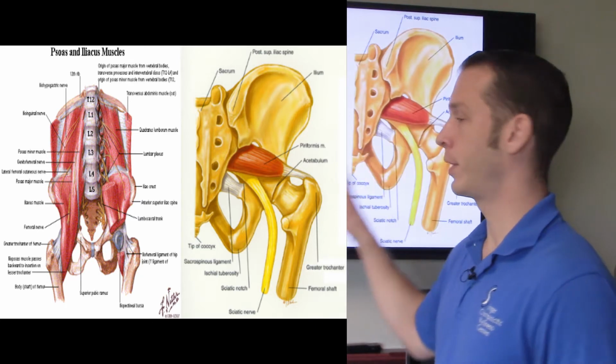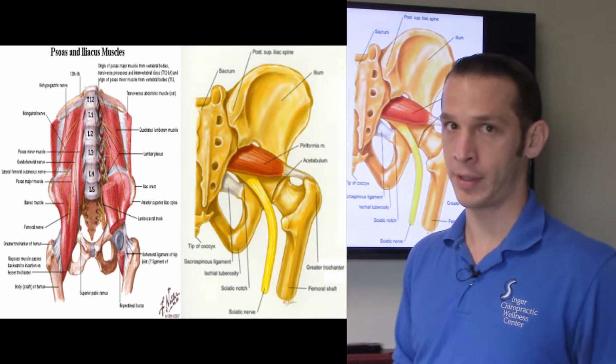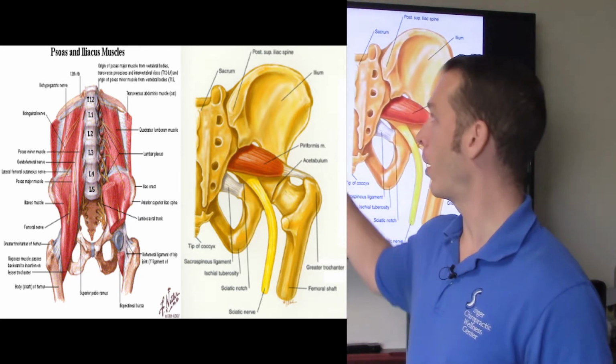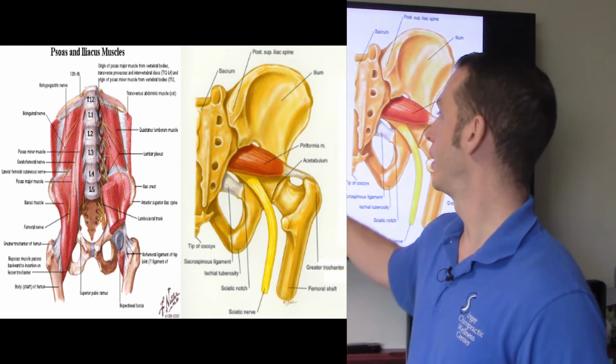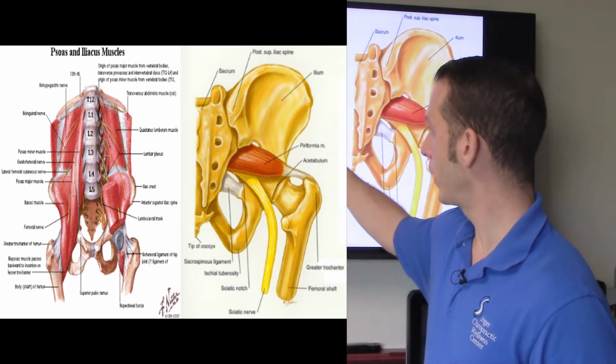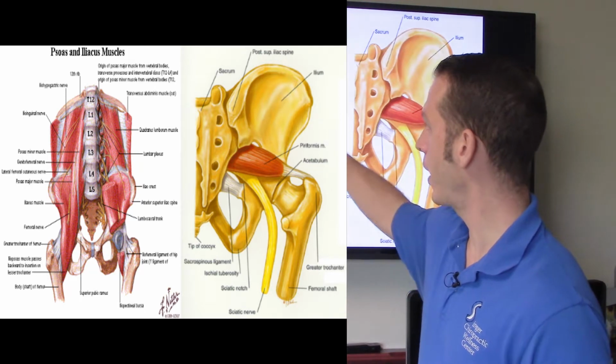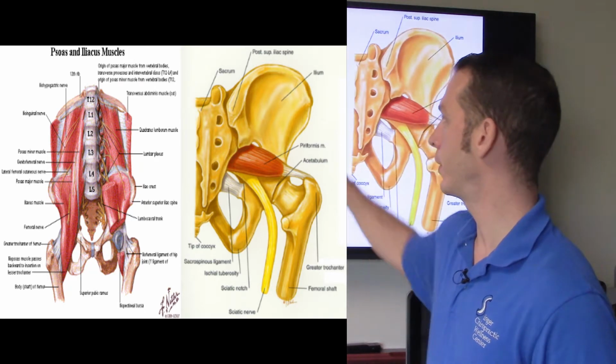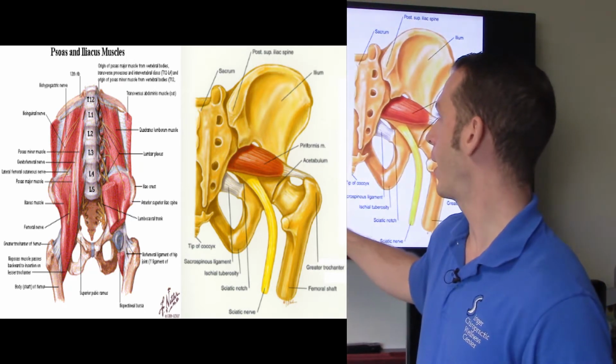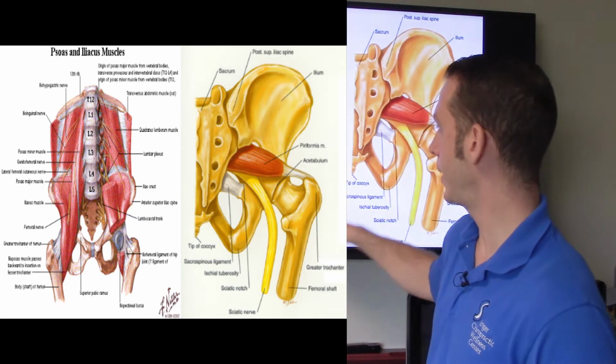Here, just getting an idea of the intricacies of the different muscles that are attached to the spine. Noticing that there are muscles attached to the spine as well as going to different parts of the body. This is the lower back here, the lower lumbar, as well as the hips.